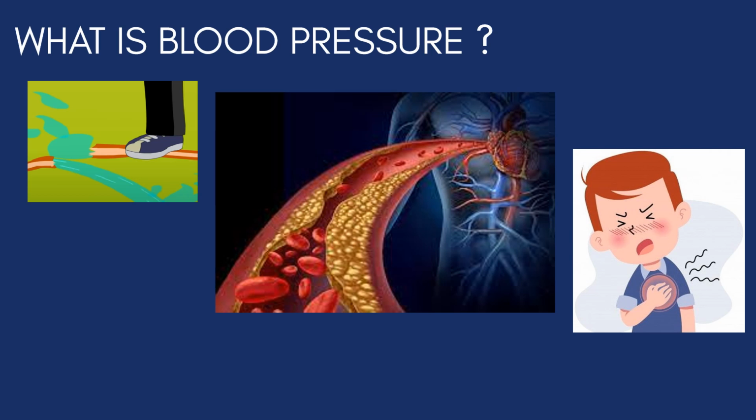What is blood pressure? I will explain it with an example of water flowing through a tube. Whenever water flows in a tube, if we stop that flow in any manner, the tube faces some pressure due to the continuous flow of water, and it may burst after some time.